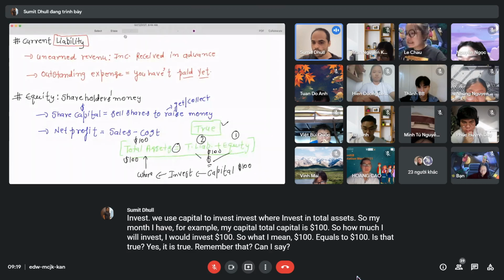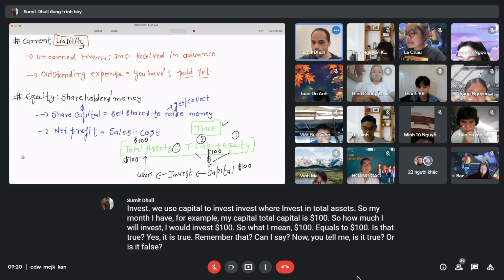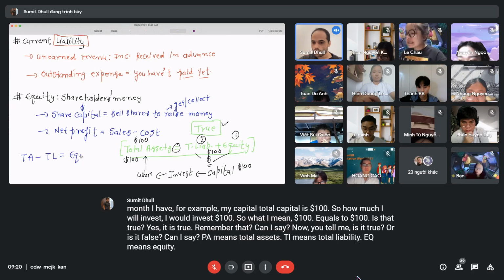Now you tell me, is it true or is it false? Can I say, TA means total assets, TL means total liability, EQ means equity. Can I say total assets minus total liability is equity? Is it true or is it false?